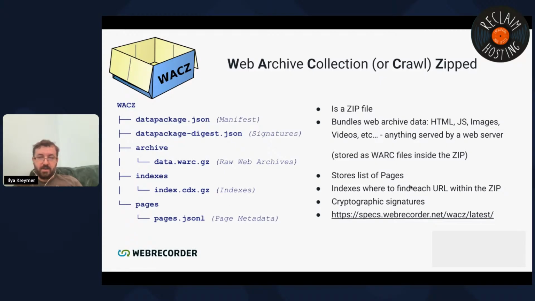It also has indices of where to find everything for a particular page, and it has support for cryptographic signatures as well. That's part of the spec, so that you could actually verify that an archive was created by someone that claims that they created it. That's all part of the WACZ format spec.